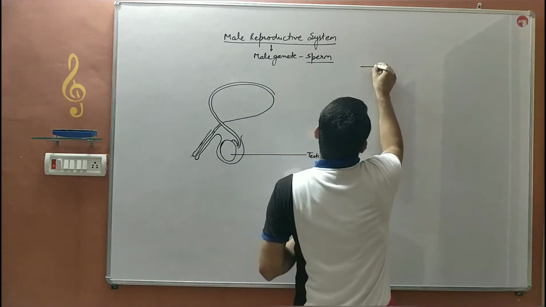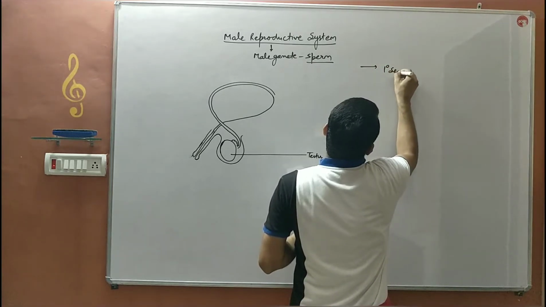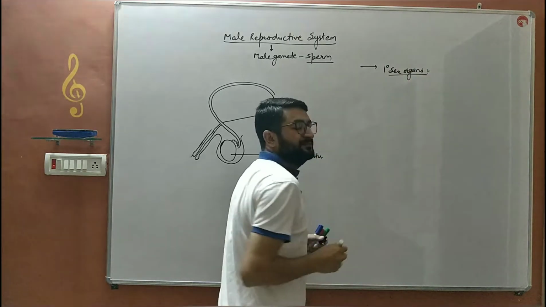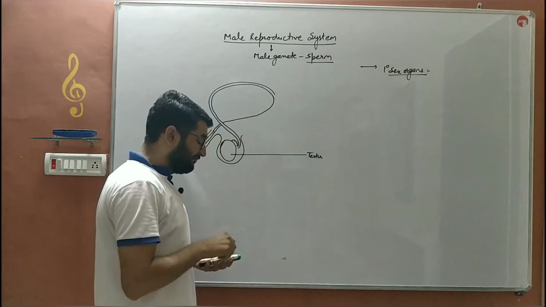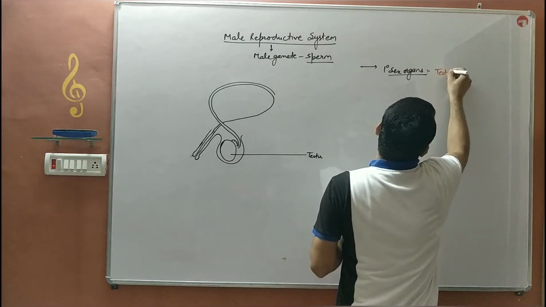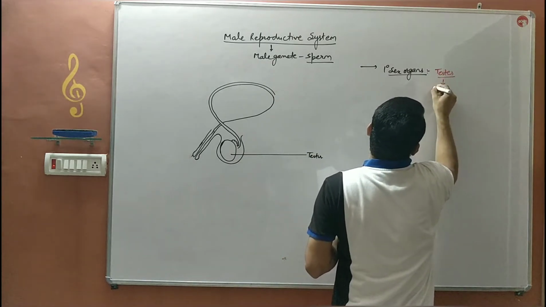Testes are referred to as primary sex organs. Primary means first, children. Why are they referred to as primary sex organs? Because the testis leads to the formation of sperm.